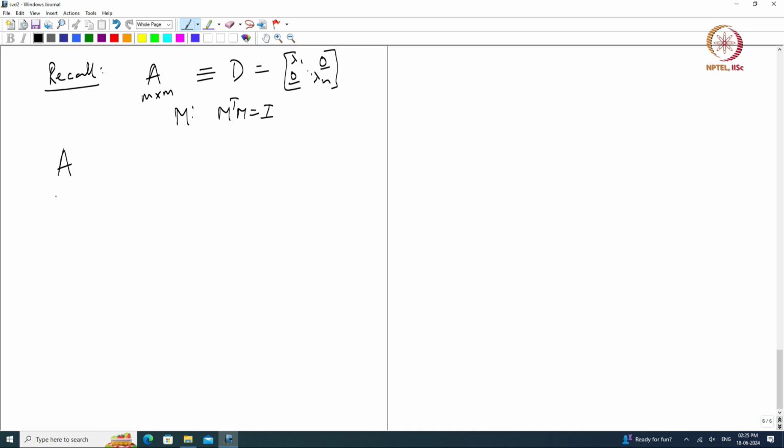Here A is m cross n with m greater than n. So, it looks like this. This is the first row, second, all the way to m rows. This is the first column, second column, all the way to n columns. Please know n is less than m. So, this is m, somewhere here is n.